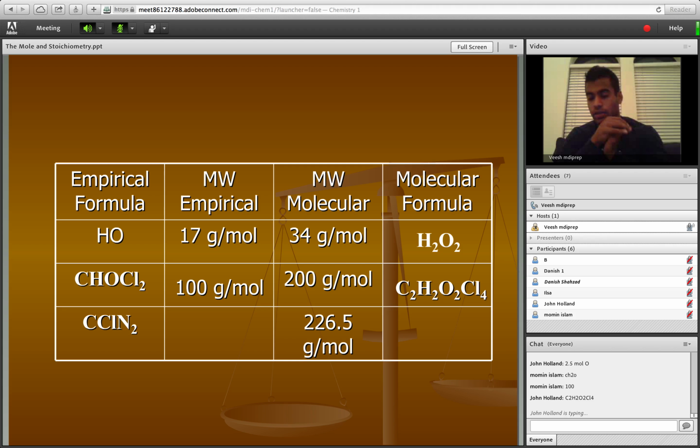So carbon, chlorine, and 2 nitrogens. Yep, 75.5. So what does that make our molecular formula? Exactly. Cool.